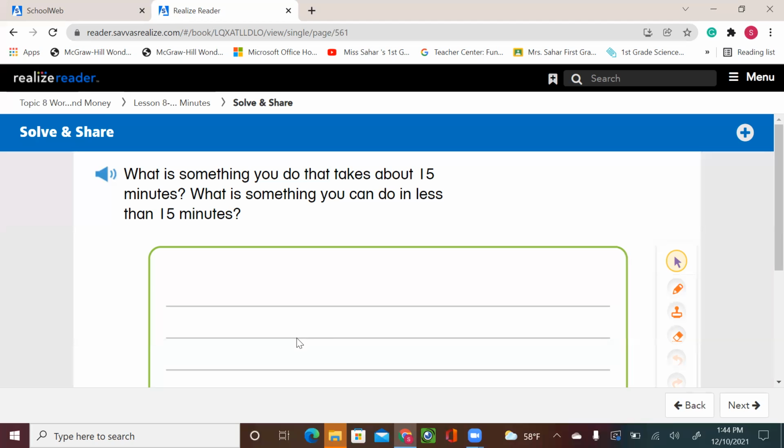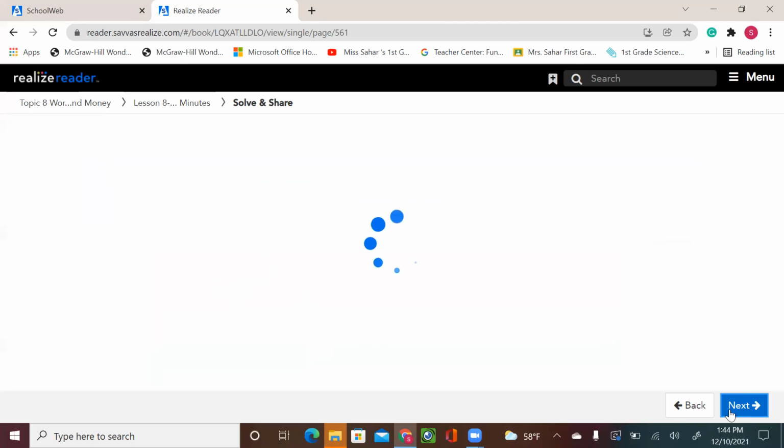Also in 15 minutes, I could eat breakfast or lunch. And of course, in less than 15 minutes, I can brush my teeth or comb my hair. So this is a fun activity. You can time yourself and see how long it takes you to do a certain activity. Is it 15, about 15, or less than 15? All right, so let's see what we have.